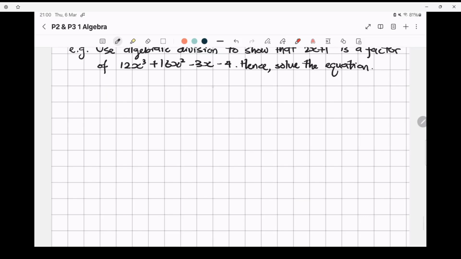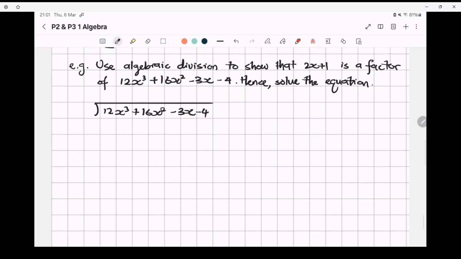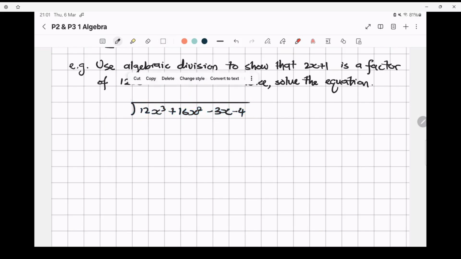So what we would do is to write down the whole polynomial. Then you have 2x plus 1.